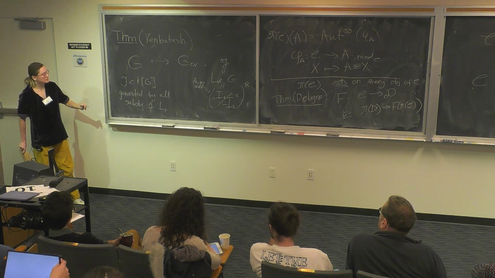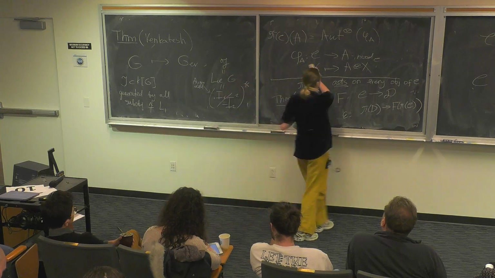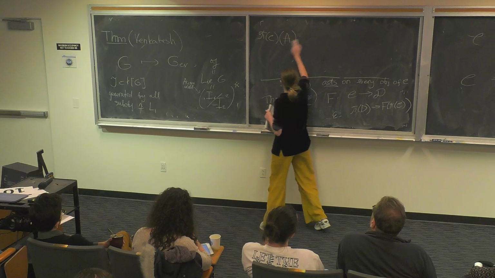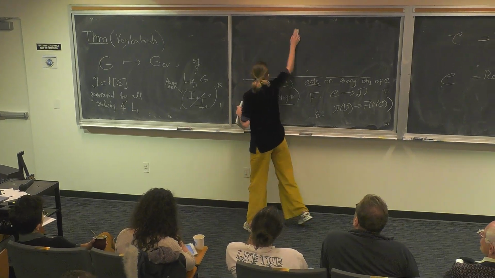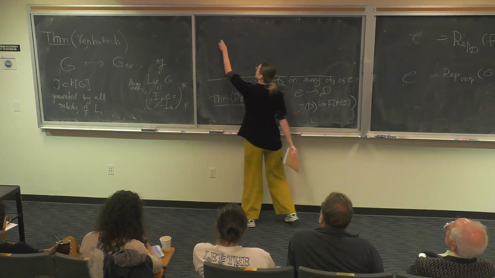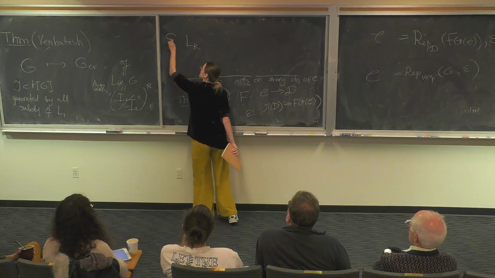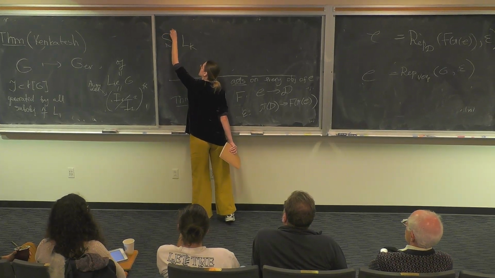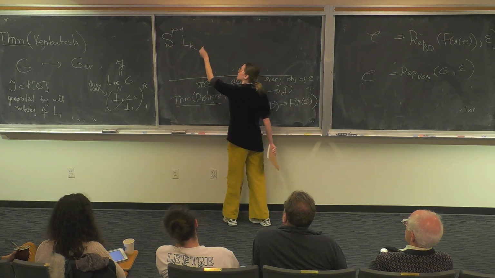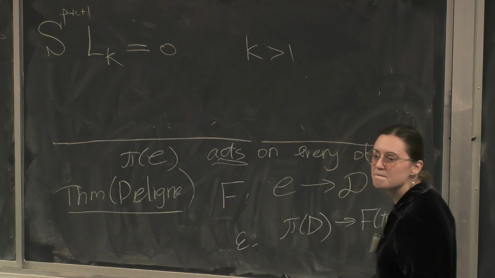So why is it a valid thing to consider here? Because the Verlinde category is very similar to the category of supervector spaces in some regards. One such regard is that every object other than the monoidal unit is nilpotent. You can take the p minus k plus first symmetric power of Lk, and you get 0 for any k greater than 1.